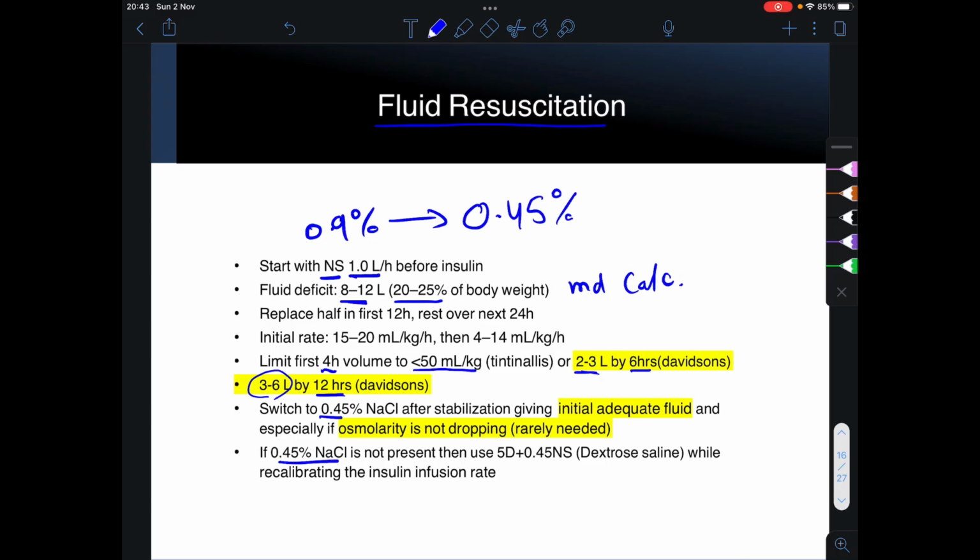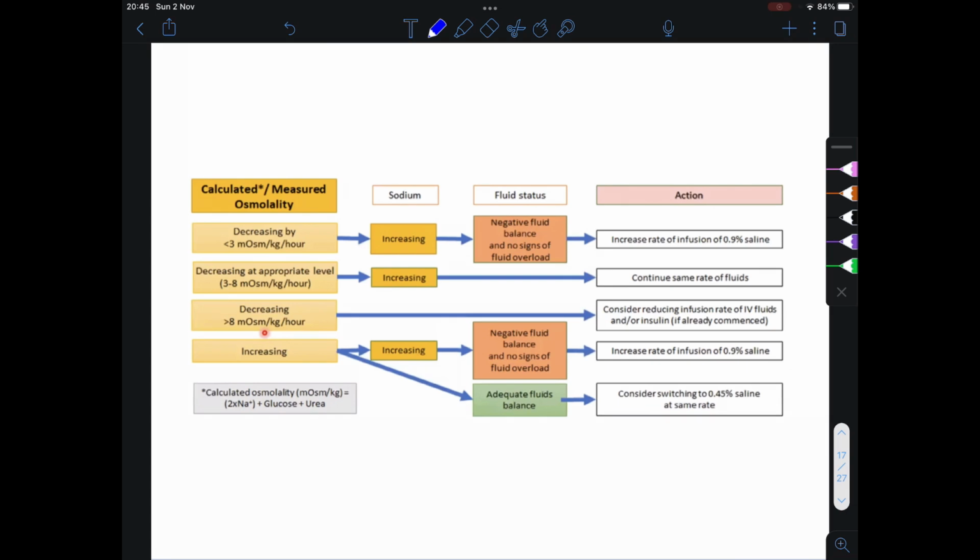If some departments don't have any hypotonic saline, you can use, for example, half saline with 5% dextrose, or dextrose saline. Probably these patients are already on insulin, so you would recalibrate and change the infusion rate of insulin to account for the extra dextrose that you've added in their fluids.